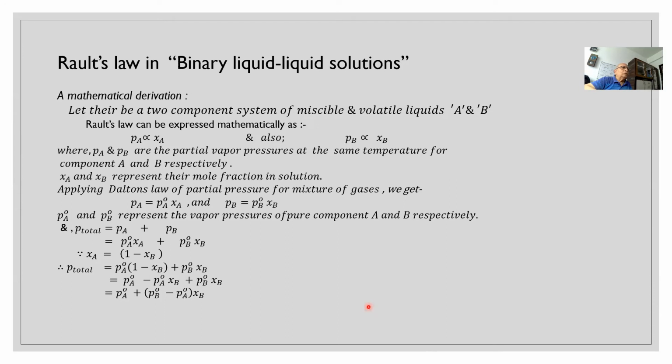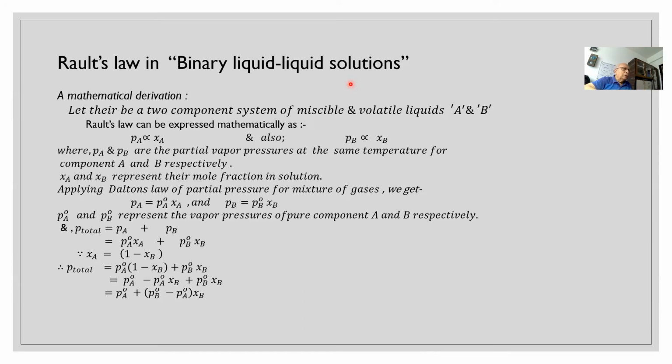Now, this can be represented mathematically also. With certain simplification, we can arrive at a particular conclusion and infer something about it. Raoult's law in a binary liquid-liquid solution, mind it. We have seen that vapor pressure is affected in solution.